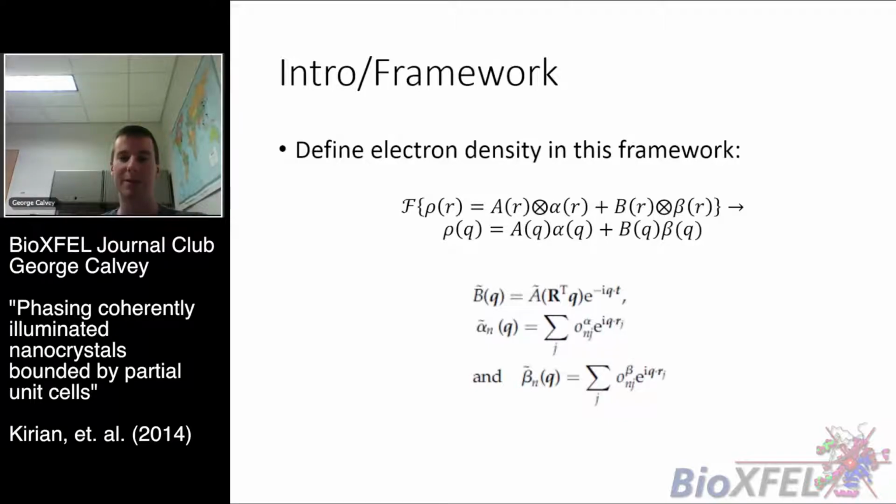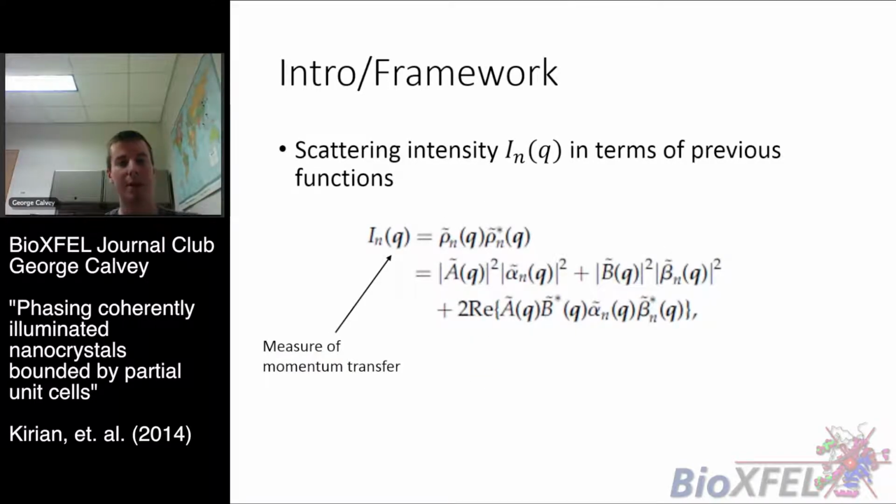The nice thing about this construction is that when you take the Fourier transform, you just get the product of the Fourier transforms of the asymmetric unit and the sublattice. Taking that one step further, the intensity that you'll measure at the detector, in terms of Q, which is a measure of the momentum transfer, can be nicely defined in terms of the sublattice, the asymmetric unit, and the symmetry pair.